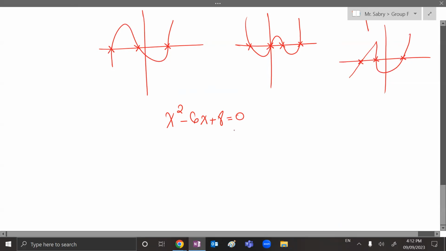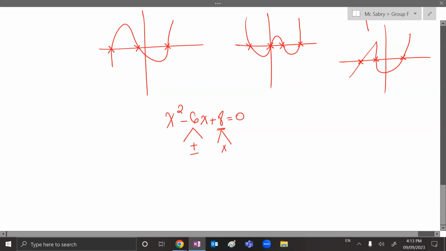Yes. So how? We think of two numbers multiplied by each other that would give me 8, and the same two numbers added to each other, or subtracted, would give me 6.